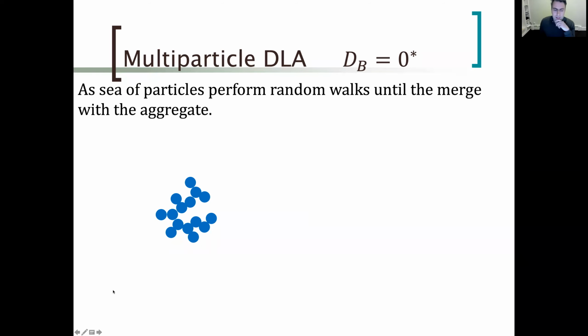And this is multiparticle DLA. Rather than adding one particle at a time from infinity, we imagine that there's a sea of susceptible particles, the type A particles, and they move around doing their own independent random walks until they run into the aggregate, and then they get frozen and stopped.